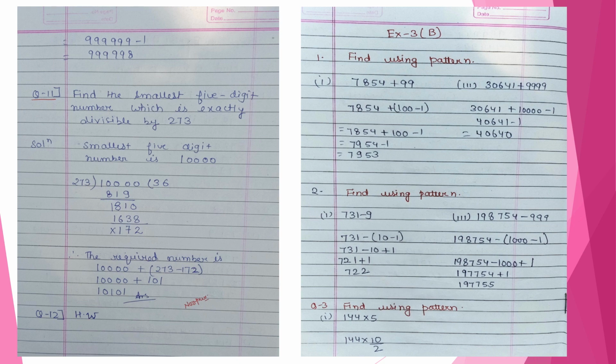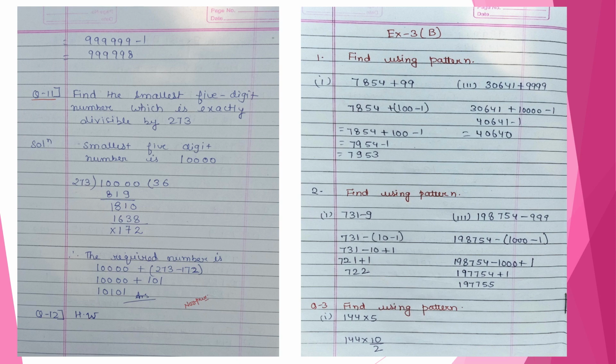Now exercise 3B. This one is very simple exercise, only you have to understand it and you can do all the questions by yourself. First one is find using pattern. First part, 7,854 plus 99. So in place of 99, we have to only replace it with 100 minus 1.